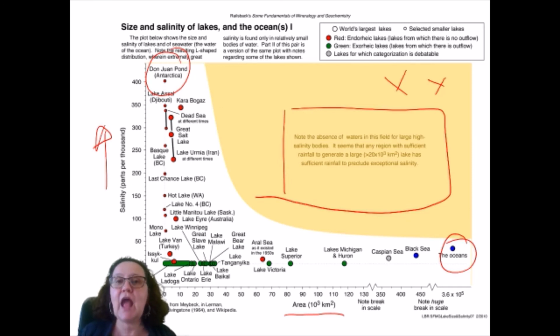So there isn't a huge lake that is very salty. You can have a relatively very small water body which is very salty, or you can have large water bodies with lower salinity, but you do not have a very large water body with very high salinity.